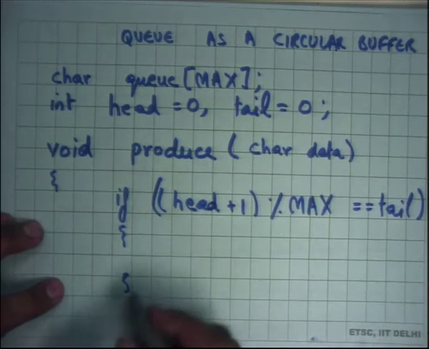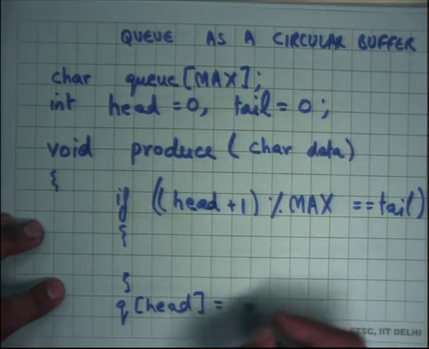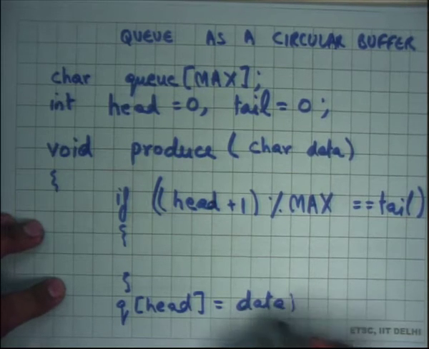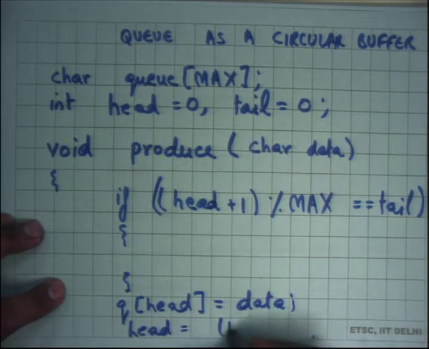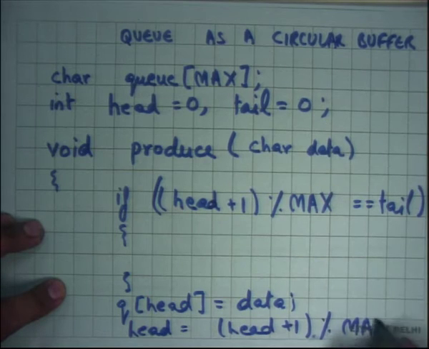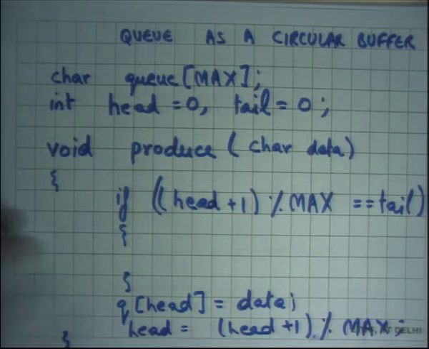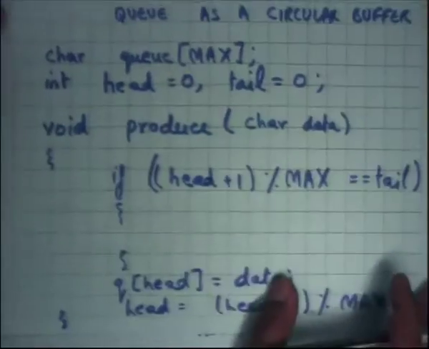Otherwise, I just say q[head] is equal to data and head is equal to (head plus 1) mod max. Similarly, you can write the code for consume, which I am not going to write here.